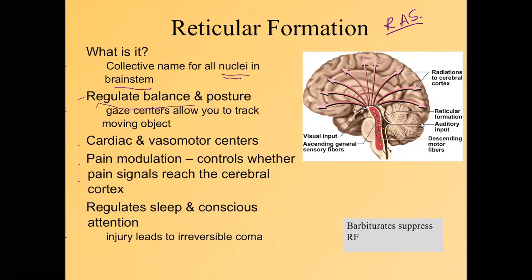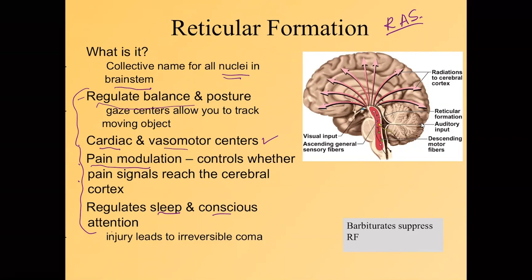They're going to regulate your balance and your posture, so it allows you to track things that are running across in front of you. They have the cardiac centers, so your heart rate and your blood pressure. They're going to determine whether the pain is worthy enough to go to your brain, so pain modulation. And then they also regulate sleep and conscious attention. Basically, this is the stuff that's going to try to keep you aware of where you are and what's going on around you, and they're going to help keep you alive.